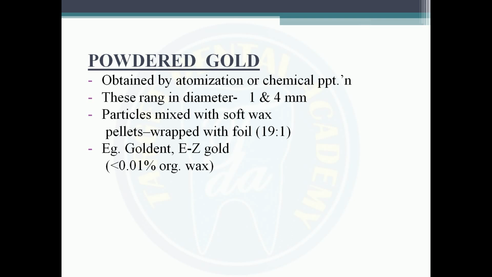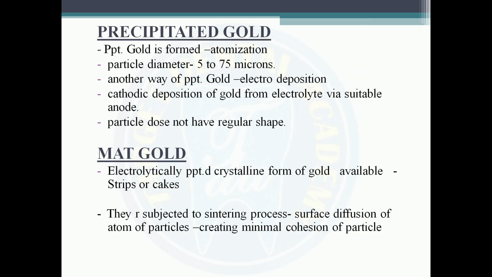So this is all about your direct filling gold. Let me tell you some important MCQs which were asked in your previous examinations. So listen carefully. The carat for gold foil used for restoration is 24 carat.